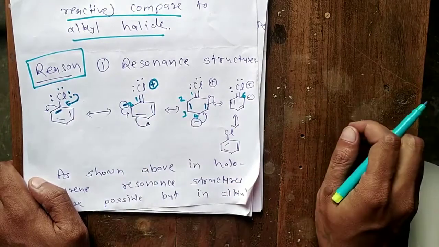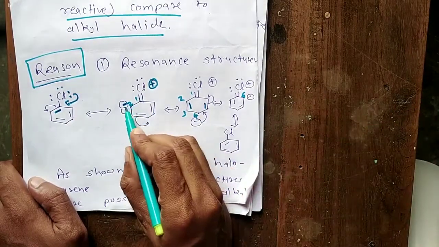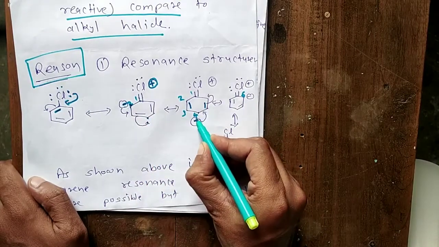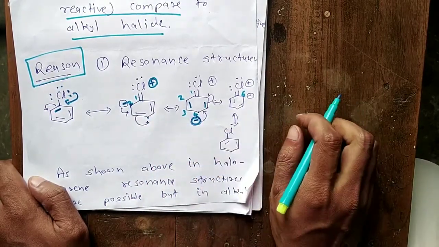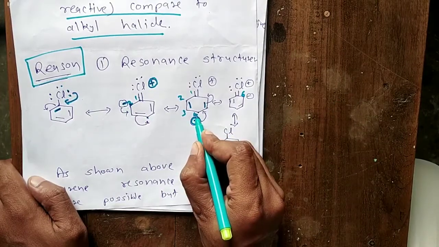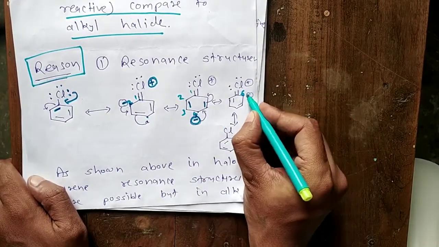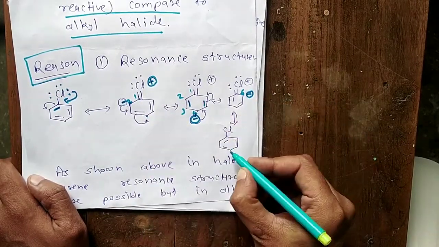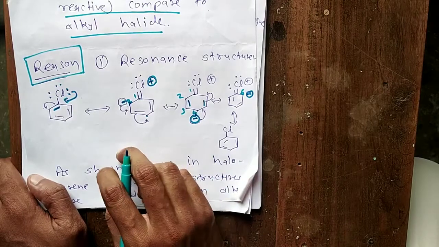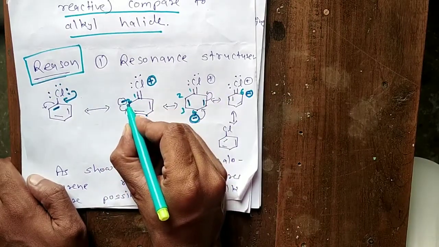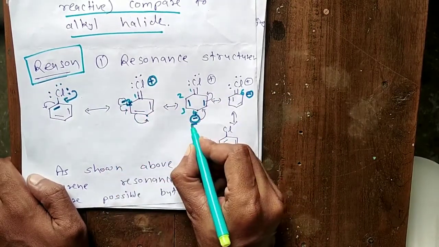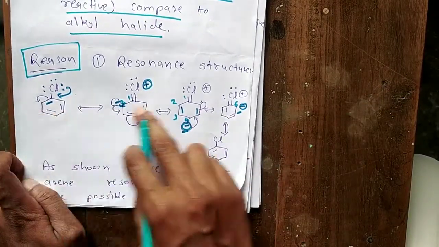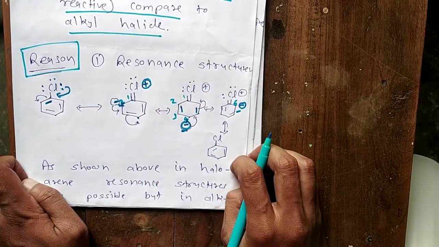Then the negative ion changes its place from carbon 2 to carbon 4, then from carbon 4 to carbon 6, and then back to the original structure. Now these are the resonance structures of haloarene.